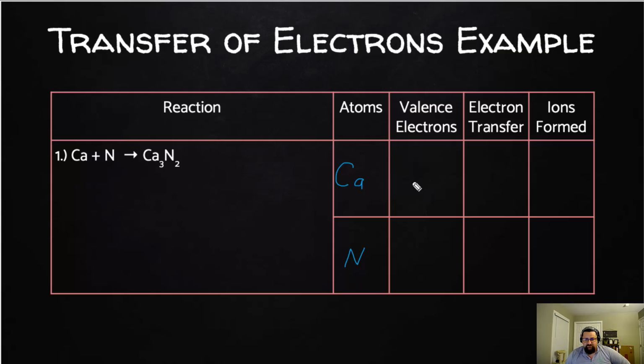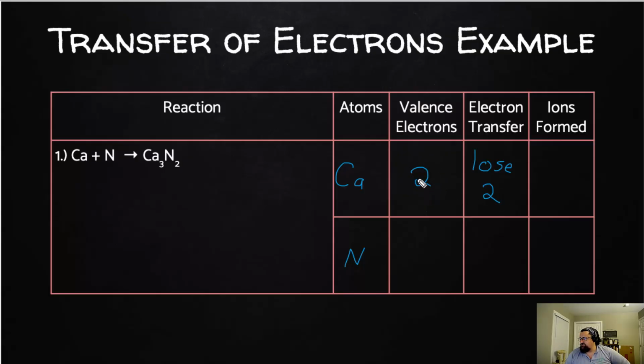Well, calcium is in group 2. So we know it's going to have 2 valence electrons. Well, it's a metal with 2 valence electrons. So when you look at it, it's going to want to lose the electrons, right? It's going to want to lose both of those electrons. That's that octet rule, right?